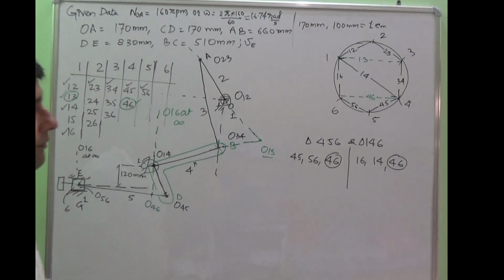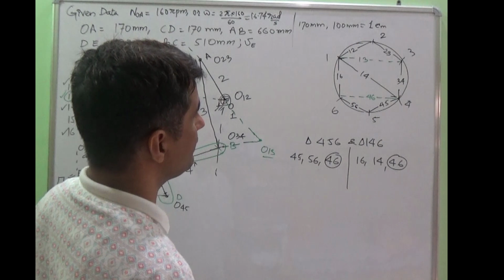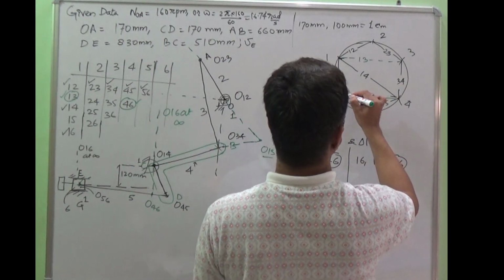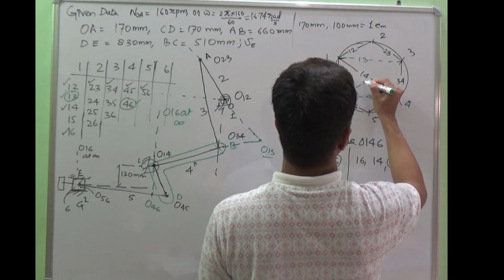Now we can find any other I center which we can try to estimate. Let's say I am joining 3 and 6.